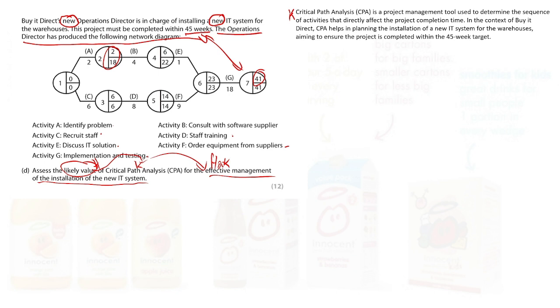Then it says, in the context of Buy It Direct, CPA helps plan installation of a new IT system for the warehouse, aiming to ensure the project is completed within 45 weeks. Okay, sounds lovely. However, it doesn't get any marks because it is literally a repeat of the question. You are not going to get application marks for literally repeating the question.